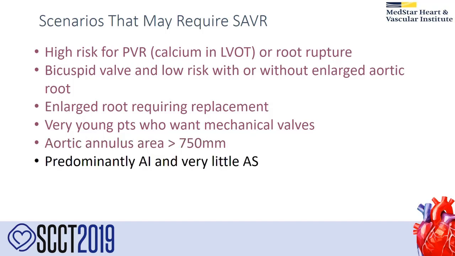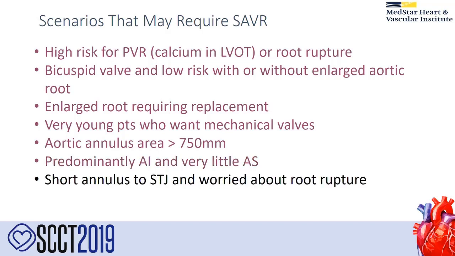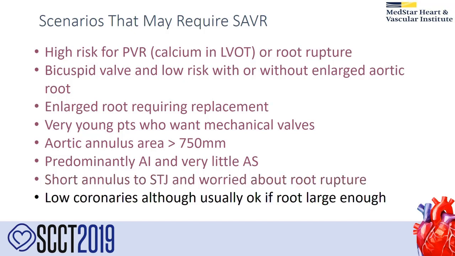And predominantly AI and very little AS, those patients do not do well with the current valves that we have, maybe in the future. A short annulus to the STJ and worry about root rupture, and also worry about low coronaries and potentially coronary obstruction that cannot be managed by BASILICA and other methods, would favor surgery.